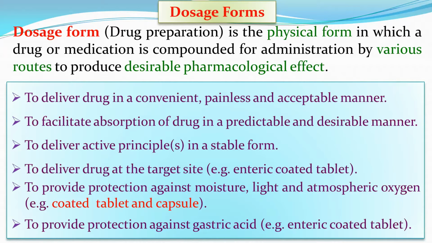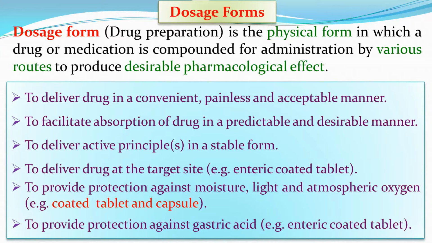Suppose we are going to take certain drugs like pantoprazole or omeprazole, very common drugs which are administered to reduce acidity. Such drugs are given enteric coated because the gastric acid is going to destroy the outer coat of the drug. Hence, you can prevent this.